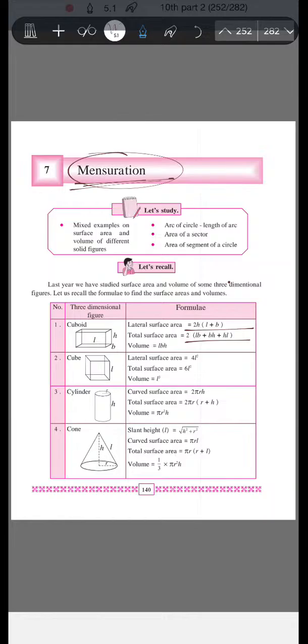Now what exactly is the meaning of mensuration? Generally in Marathi we call it kshetra mapan. What exactly does it mean?